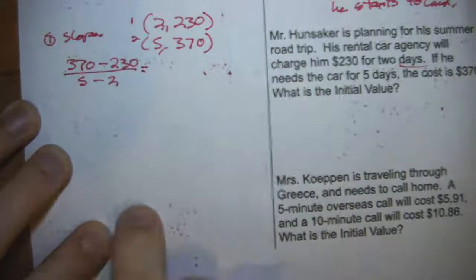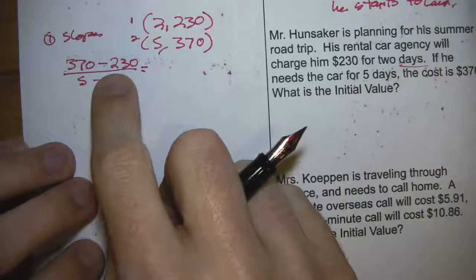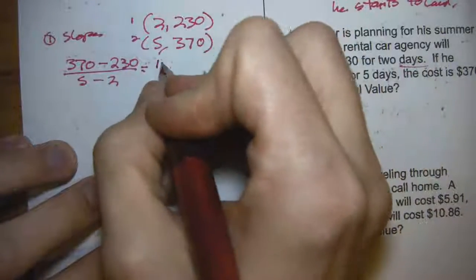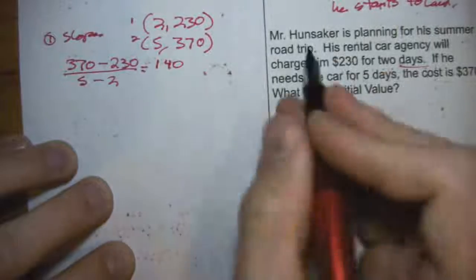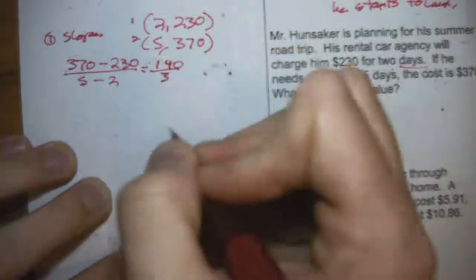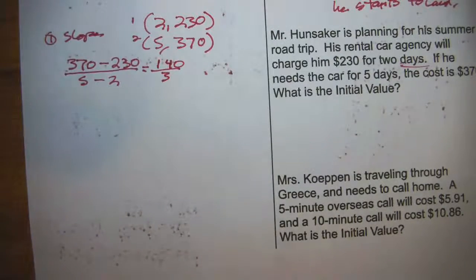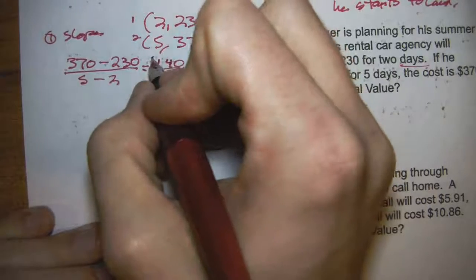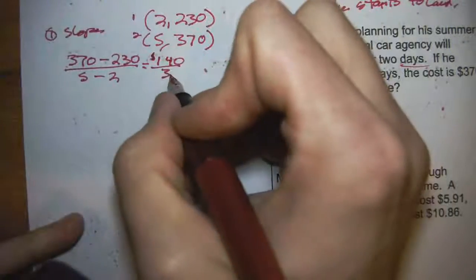So let's see what we get here. If I take the 370 and subtract 230, we get $140. And then for 5 subtract 2, that's of course 3. And now it's a matter of doing a little bit of math, because I don't want to leave this as $140 over 3. What did this represent?